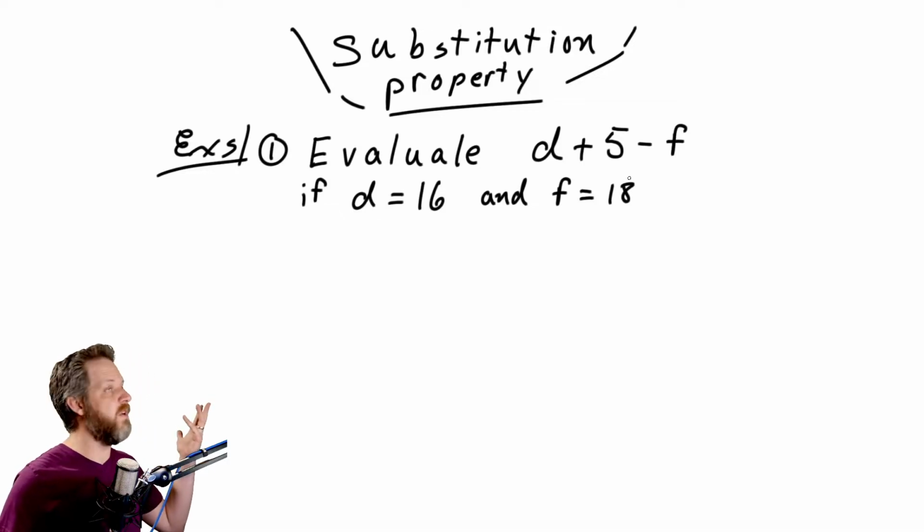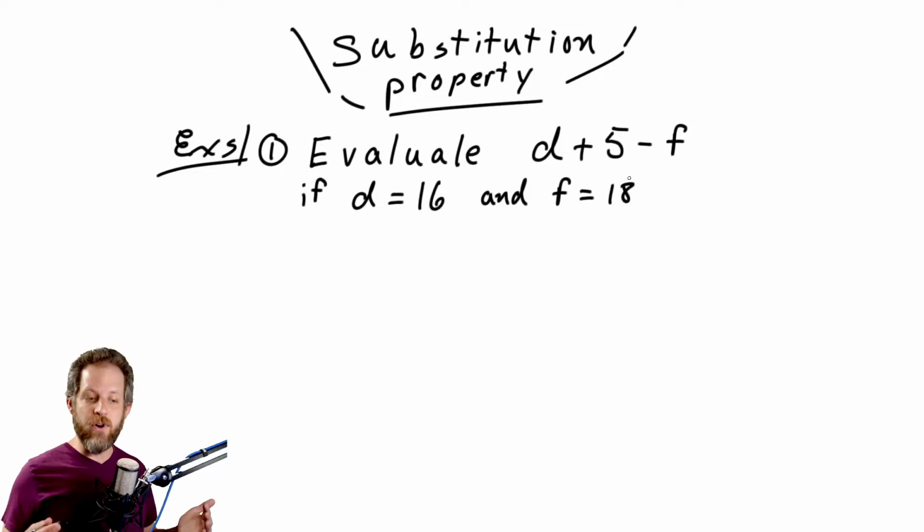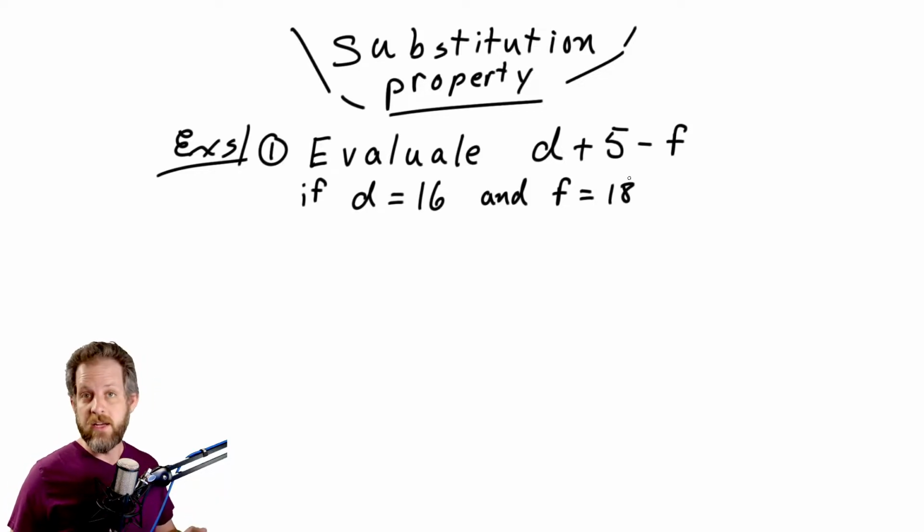So what are we going to do with those things? We're going to take those things and we're going to substitute them. Hence the substitution property. Sometimes math just makes sense.